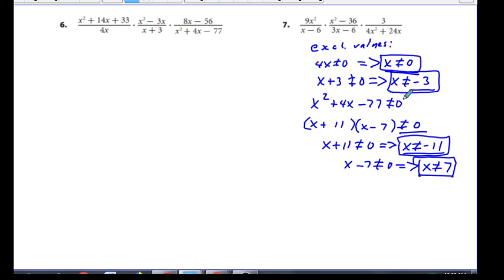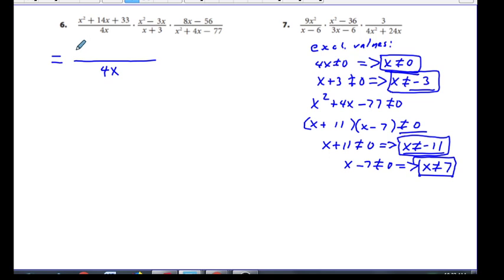Okay, I'm going to go on now, and we're just going to rewrite these expressions here. And so here we have this. I'm going to write this one fraction up here, this one rational expression.